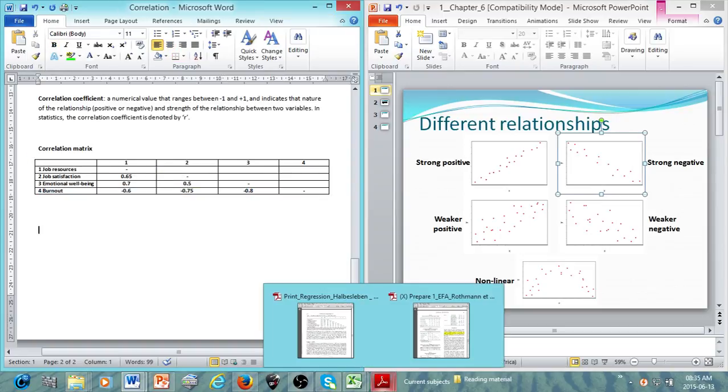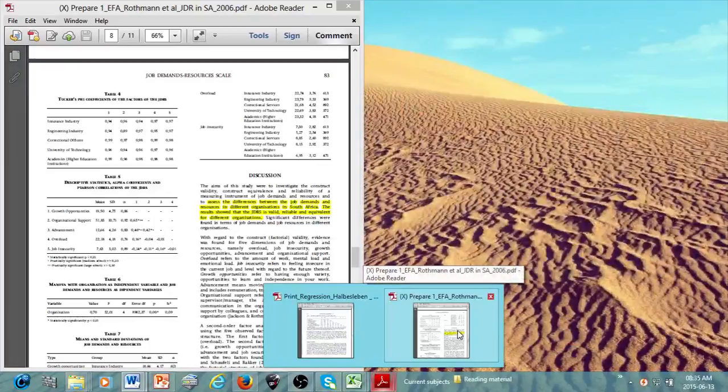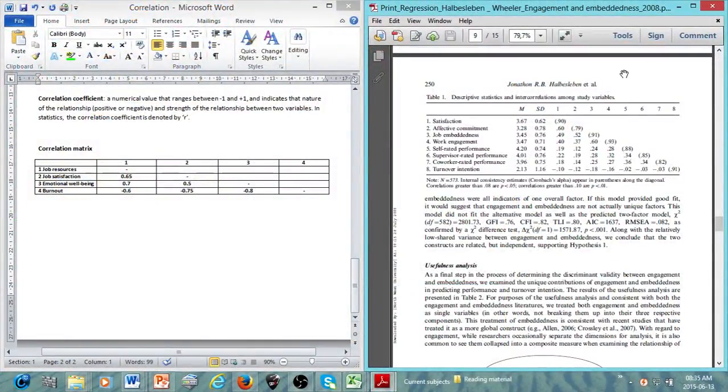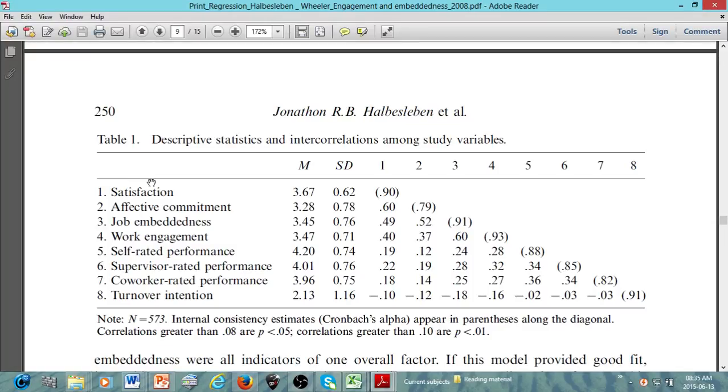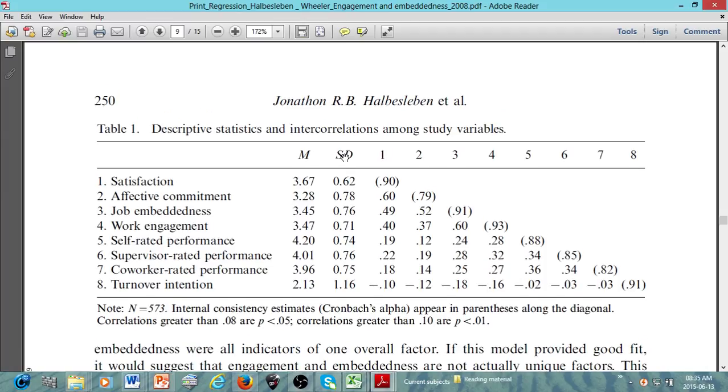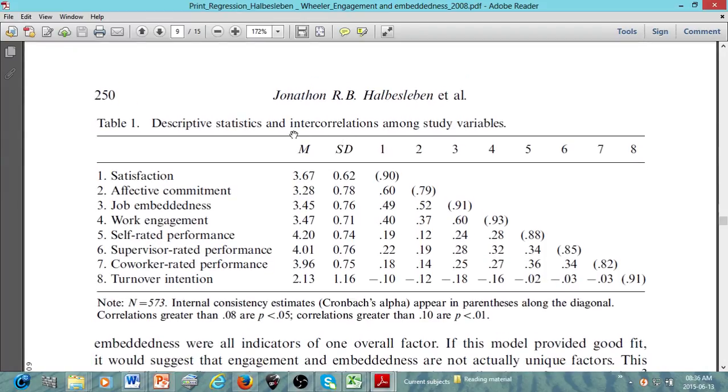Okay, so now if we go to a correlation matrix, such as over here, I must just say M would refer to, well, they didn't really label things, but usually M refers to the mean, which is the average, and SD refers to the standard deviation, but we're not worried about those right now since we are looking at the correlation coefficients.